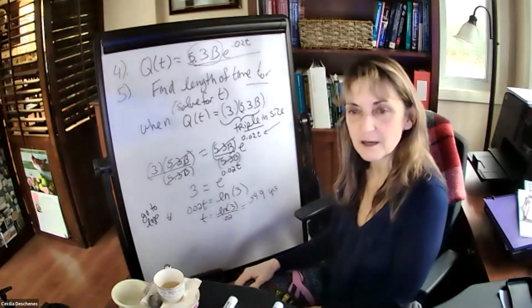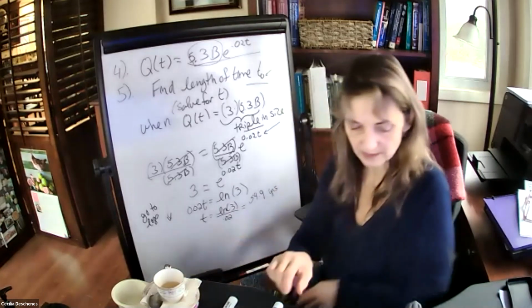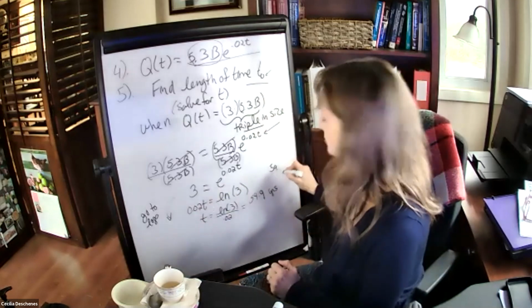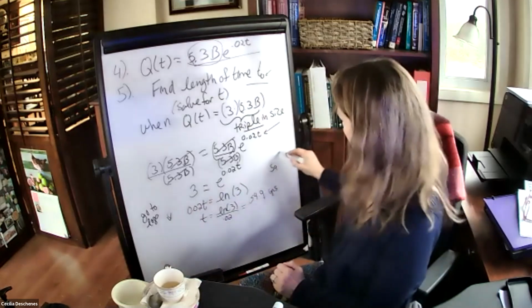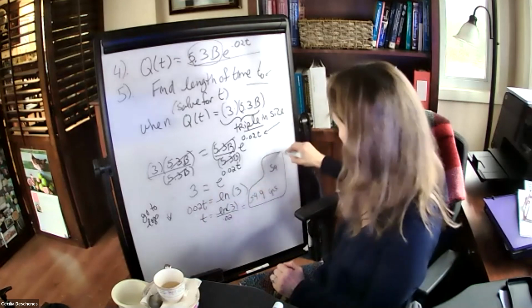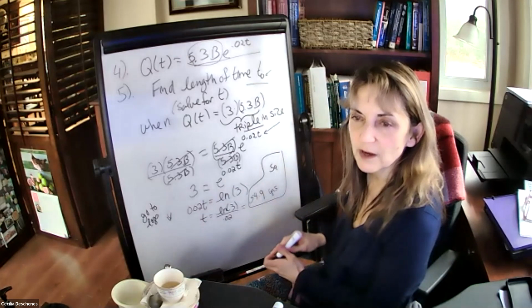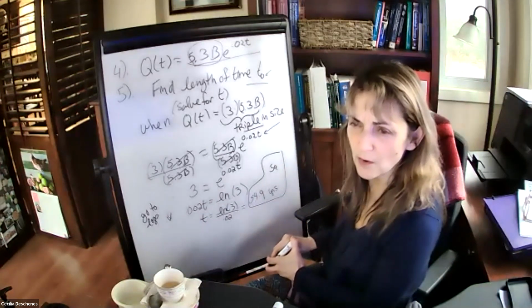Okay, and that's 5A. I just realized, I thought we were wrapping it up. That's 5A. And 5B says, okay, use the time T naught given in exercise 4.